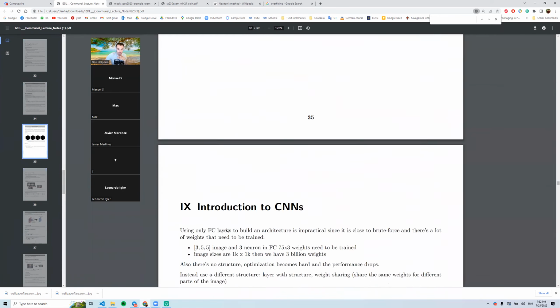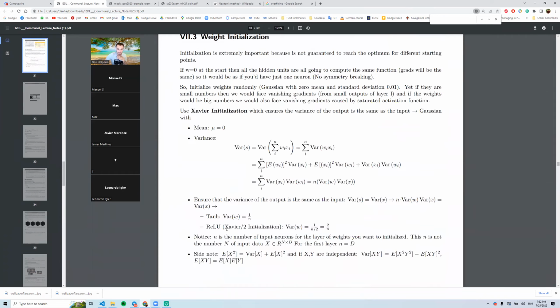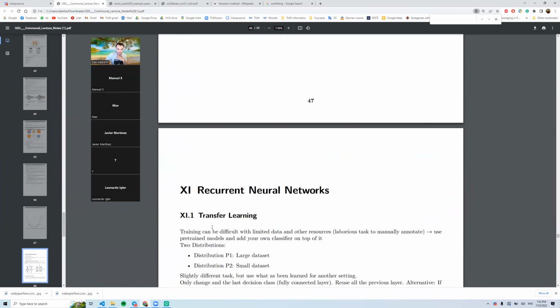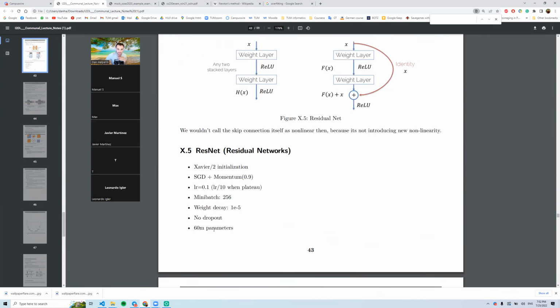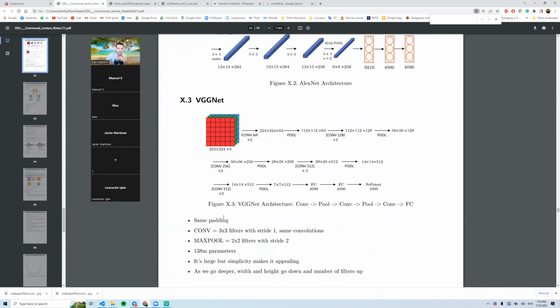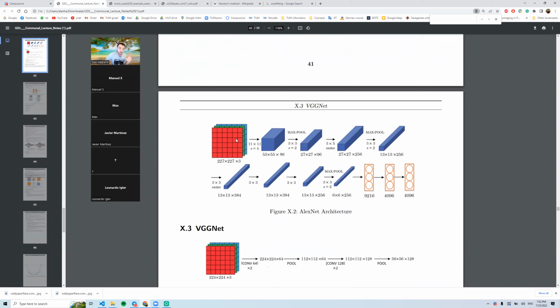So I wanted to go to one of the slides. Here we go. Next, we said that convolution layers are not translation invariant, right? Are those networks translation invariant?